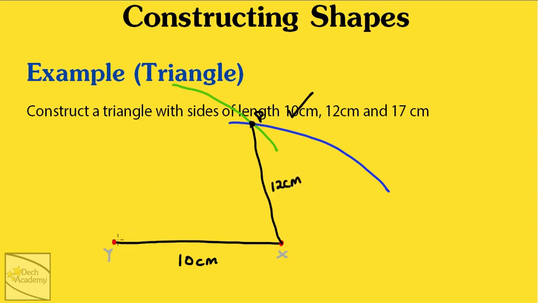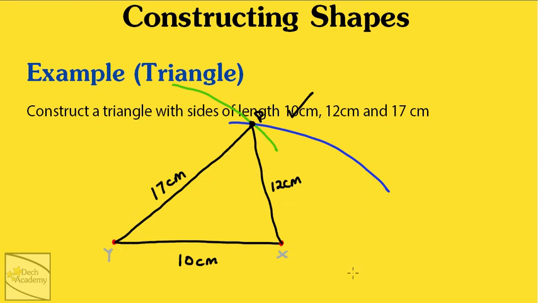And if you draw a straight line from Y to point P, you know that the line YP is going to be of length 17 centimeters. So we've satisfied the problem, because we were required to construct a triangle with sides of length 10 centimeters, 12 and 17.